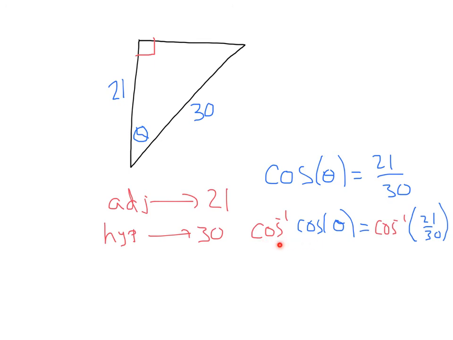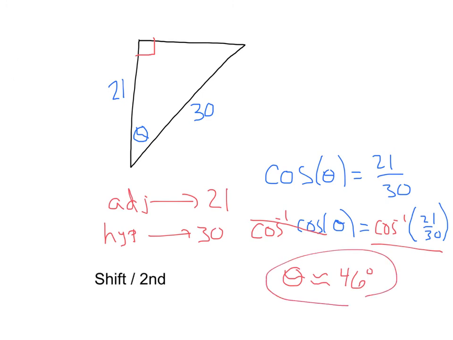Our cosine inverse and cosine are going to cancel each other off, leaving us with theta. On the right side, we plug this into our calculator, and we're going to get theta is approximately 46 degrees. If you're having difficulty finding the inverse trig functions on your calculator, look for a button that says either shift or second. After you push that, they should become visible.